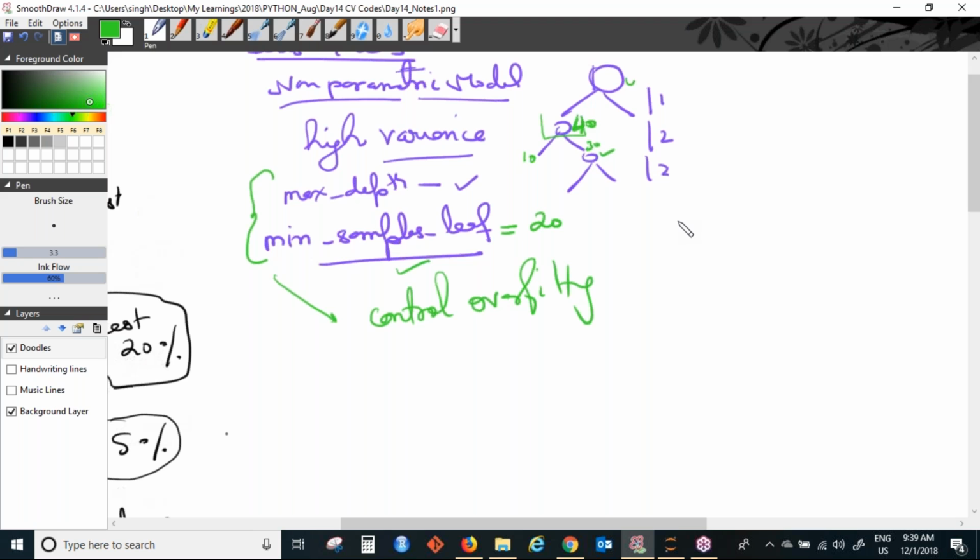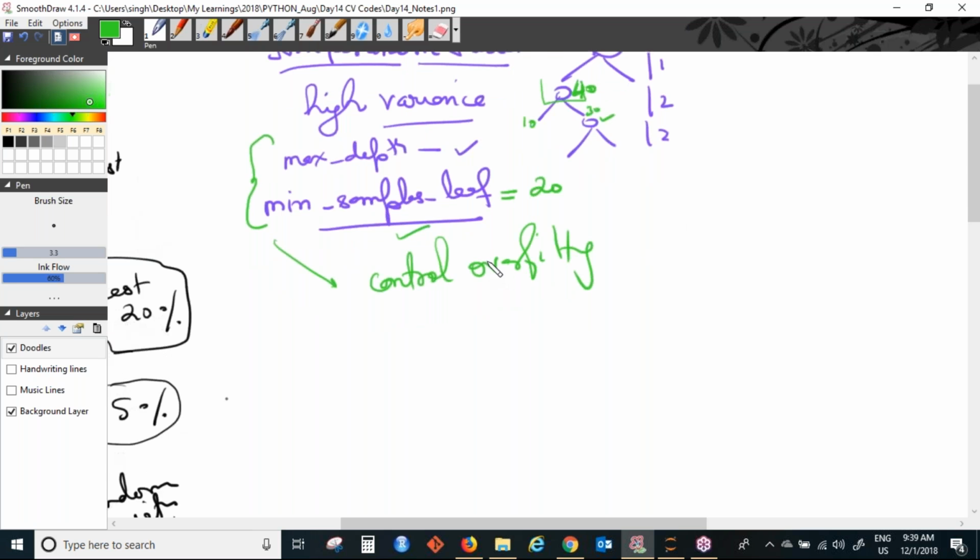We don't want our trees to be very long. Of course they should not be very small either, because then the model will underfit and be very simple. So we want it to extend, but not beyond a certain point. That is why these parameters are very important, because they allow you to control or restrict the growth of the tree.